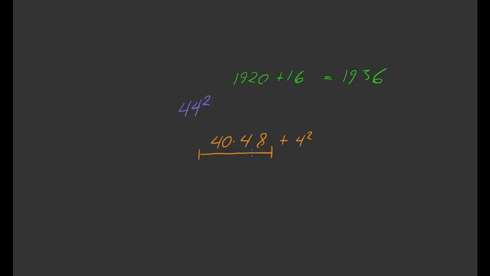So we compute this by thinking 4 times 50, so that's 200, minus 2 times 4, so that's 192, and then we add a 0. So this is where we get the 1920 from. And then 4 squared, that's just 16. So all in all, we get 1936.